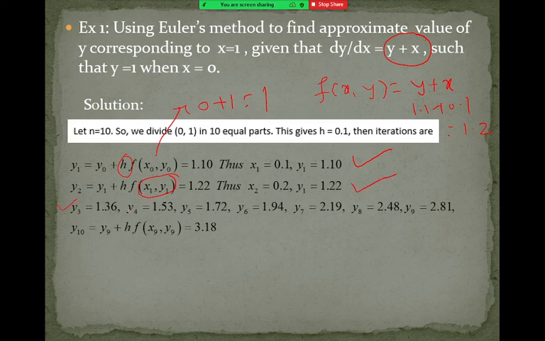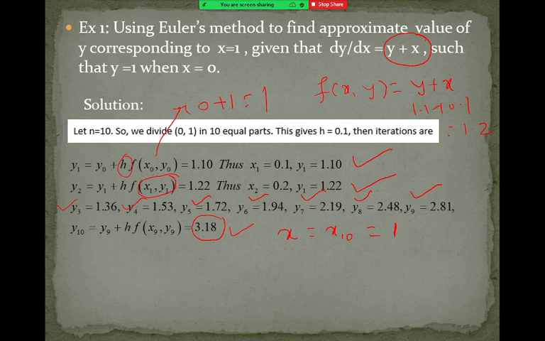Similarly, you have to calculate y3, y4, y5, y6, y7, y8, y9, and y10. It is lengthy but not difficult. So it is 3.18. 3.18 is the value of y at x10, which is x equal to 1. Correct, very good, and that's the required answer we want.